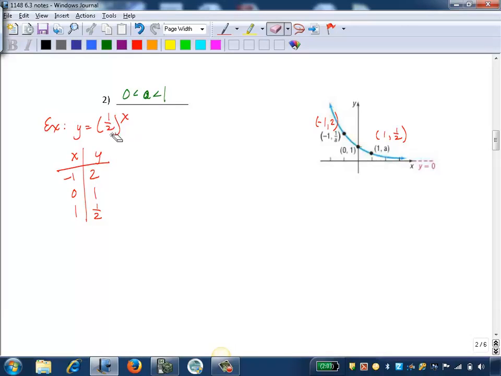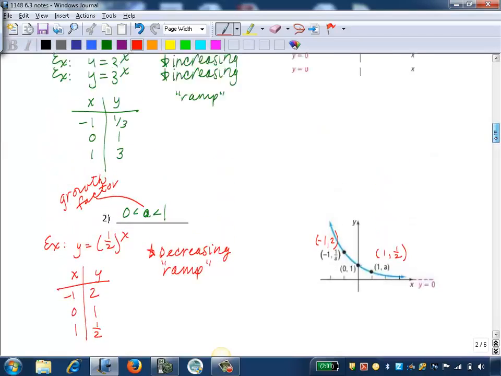It's, quote unquote, growing by a factor of 1/2, which means it's actually decreasing.